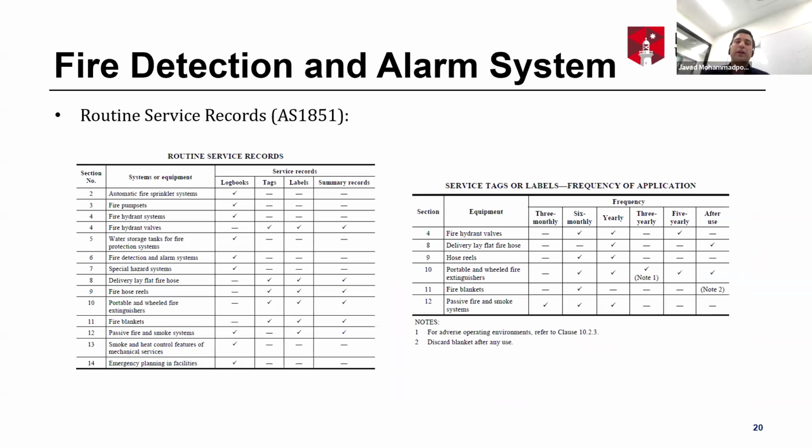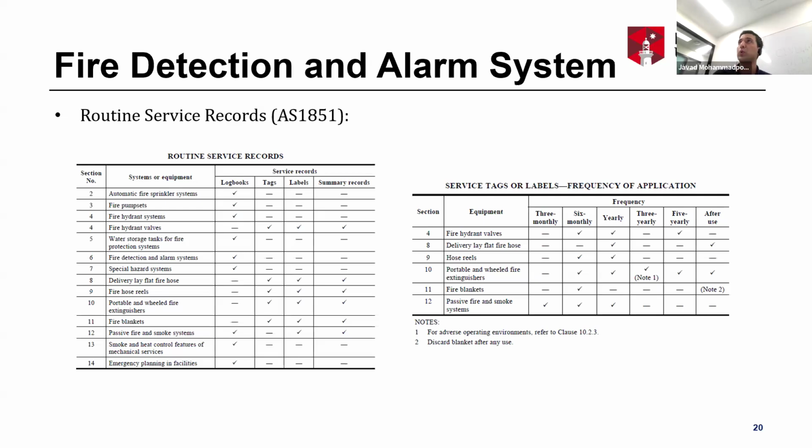And here I have inserted two interesting examples from AS 1851. It shows the routine service record. Based on the areas or the equipment, devices, and their importance, we need to do inspections frequently. For example, we need to inspect and check them monthly, every 3 months, every 6 months, yearly, or every 3 or 5 years.